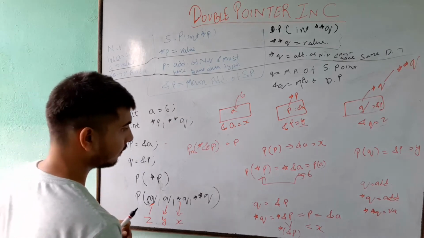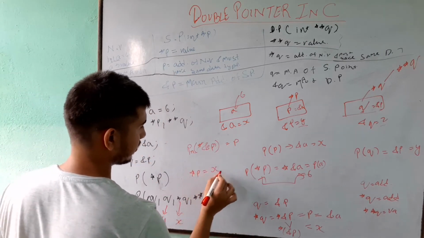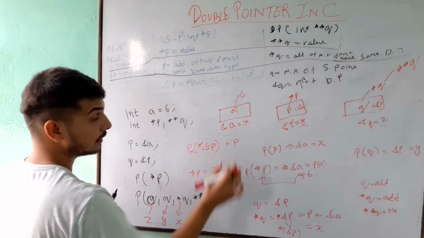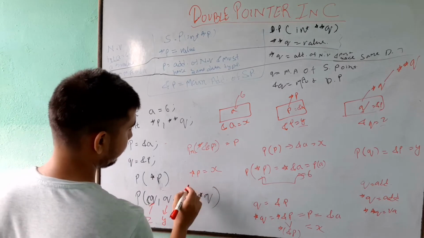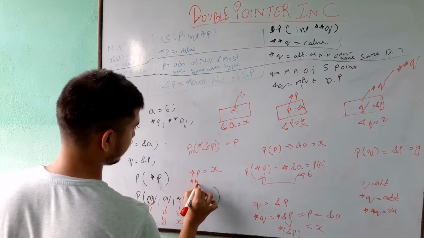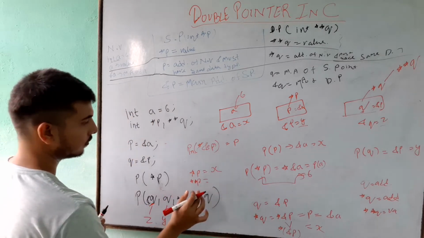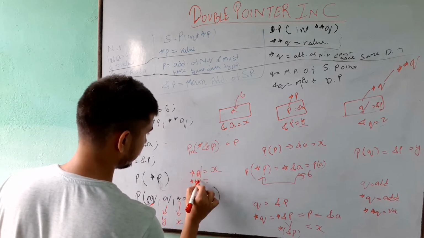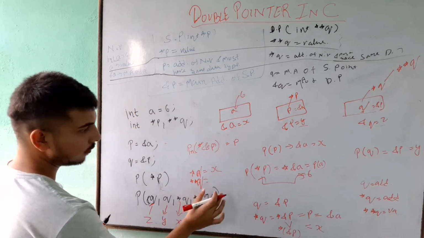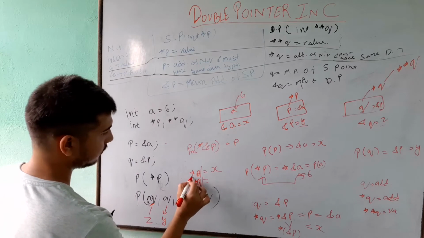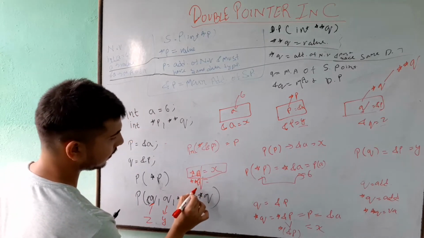Now we had found that asterisk of p is x, right? This is an address, that's why we are able to dereference it, okay. Now if I am asking double asterisk q, the same process goes: first dereferencing asterisk q will become x, then double asterisk q.